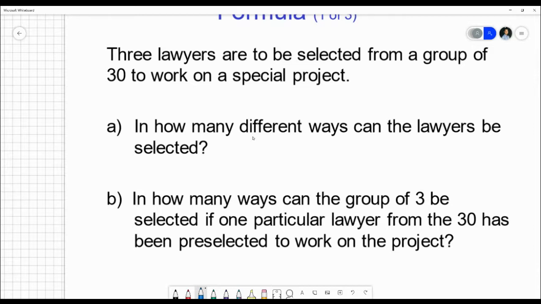Are we done? I keep getting my answers wrong. Okay, so I wrote out 30 factorial over 30 minus 3 factorial times 3 factorial. On the numerator, I got 30 times 29 times 28 times 27 factorial. On the denominator, I got 27 factorial times 3 factorial. I factor out the 27 factorials from the top and bottom. So I have 30 times 29 times 28 over 3 factorial.